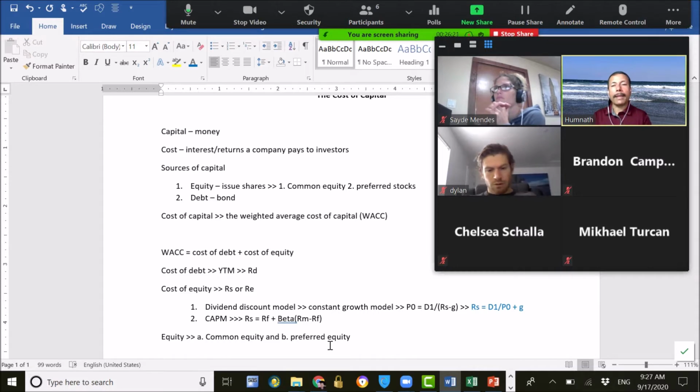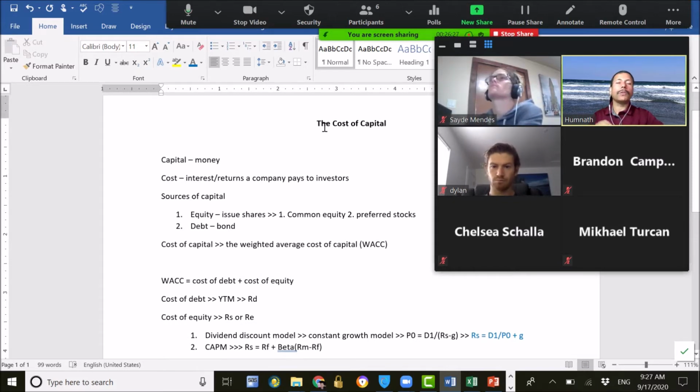When you combine the cost of capital, cost of debt, again, cost of capital refers to the rate of return or the interest a company has to pay to its investors. I'm saying returns because returns go for equity and interest goes for the bond.